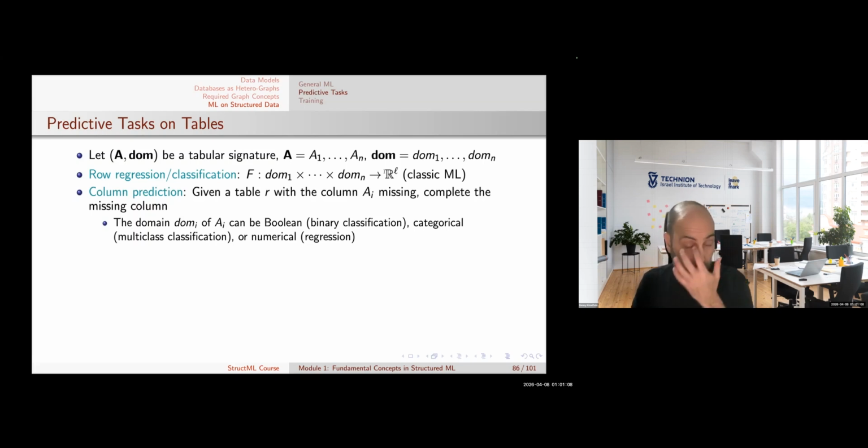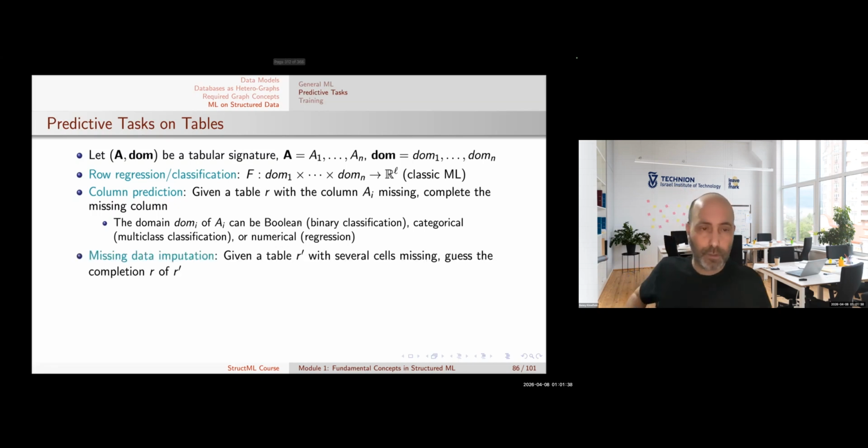Column prediction is basically the special case where you want to classify the row into one value or predict one value of the row. So another way of looking at it is that you have a table R with a column A_i, which is missing, and you want to complete this missing column. Okay, and it can be Boolean, binary classification, or categorical, and then it will be, say, multi-class classification. Numerical will give you regression.